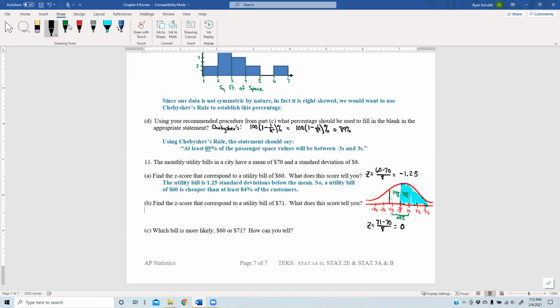That's going to be 0.125, because 71 minus 70 is 1, and 1 over 8 is 0.125. Well, that's going to be on the positive side of our graph up here. That's going to probably be really close to here. So this one is where A is at. This one's where B is at.